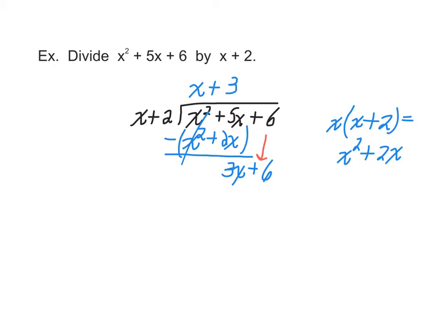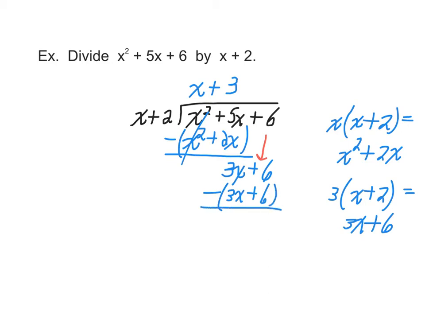Off to the side, let me go ahead and calculate exactly what that's going to be. 3 times x plus 2 is 3x plus 6. I'm going to subtract that off. And it looks like this one's really nice. We have a remainder of 0, which means x squared plus 5x plus 6 divided by x plus 2 is exactly x plus 3.